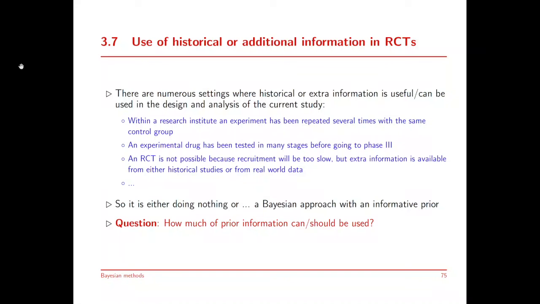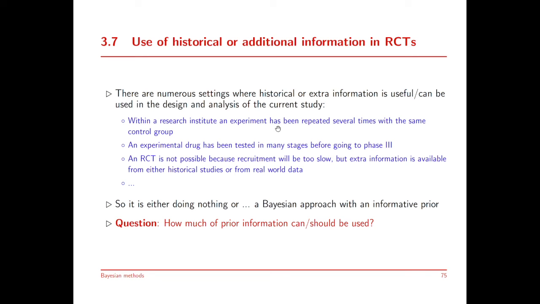We finish this webinar by discussing very briefly some additional but very important application areas of the Bayesian approach. The first is when you have historical information that is useful for the analysis of the current study. So often it occurs that within a research institute an experiment has been repeated several times with the same control group.